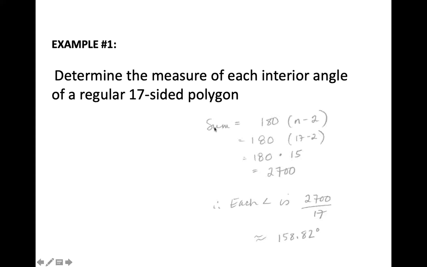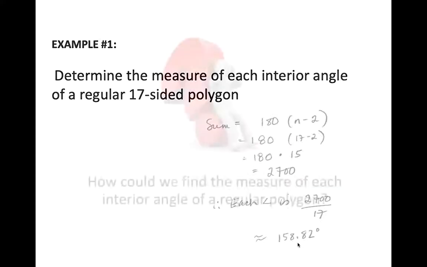And so I'll take the sum being 180 times n minus 2, 17 minus 2 being 15, and these two multiplied together gives me 2,700. That's the total of all of the angles. So if I take that total and divide it by the number of sides being 17, I will find that I have angles just around 159 degrees.